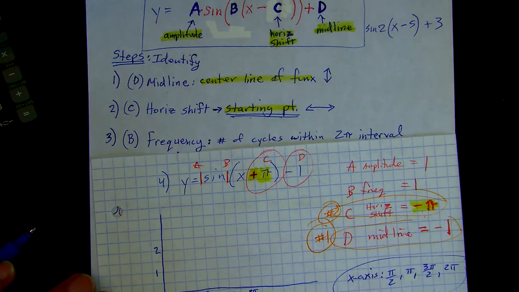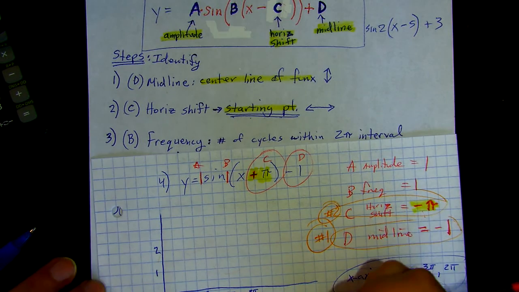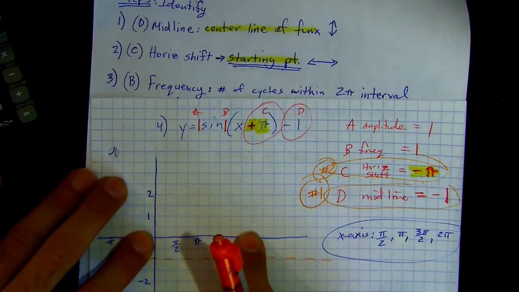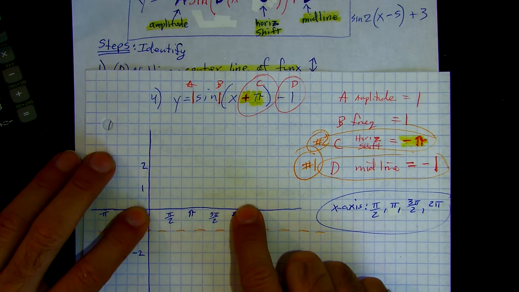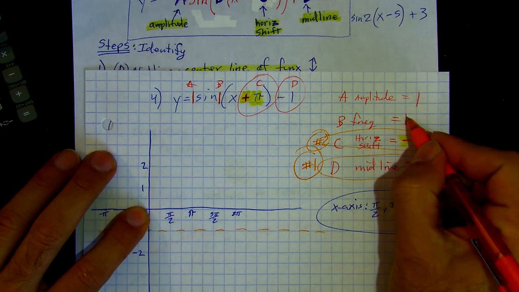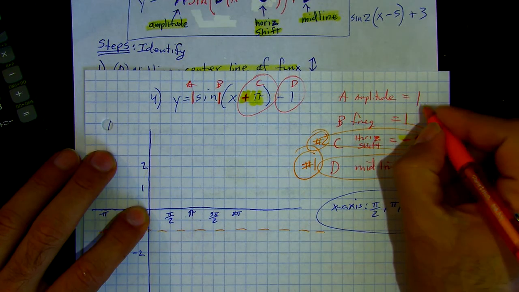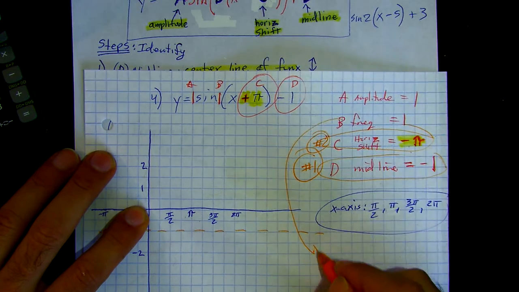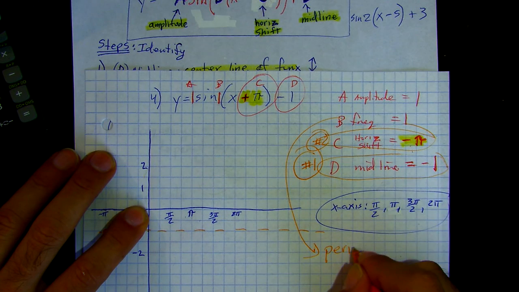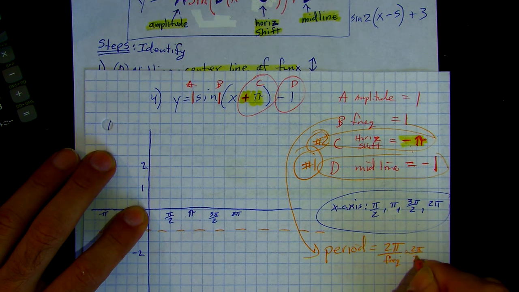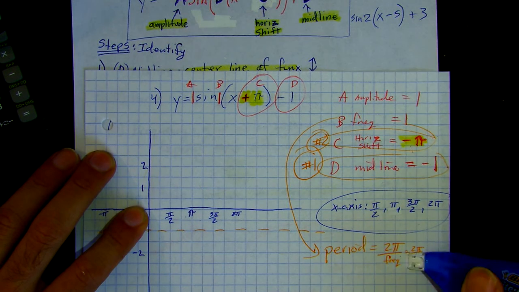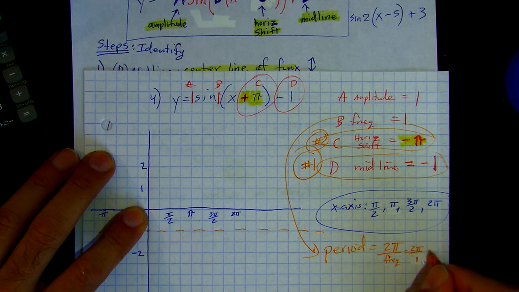Remember, the frequency is saying between 0 and 2 pi, how many times it repeats. It says that it repeats once. So we're going to find our period, which is going to be 2 pi divided by the frequency, in this case 1. 2 pi divided by 1 is 2 pi.